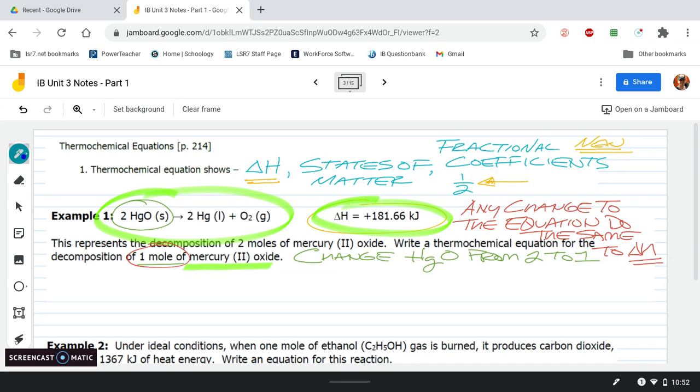I'll write the 1 down even though I normally wouldn't, just to show you guys what I'm doing.